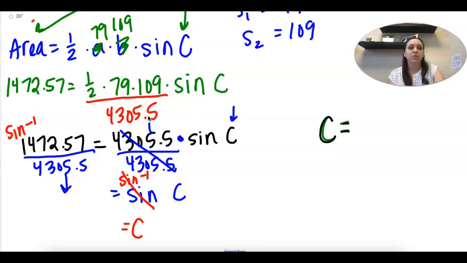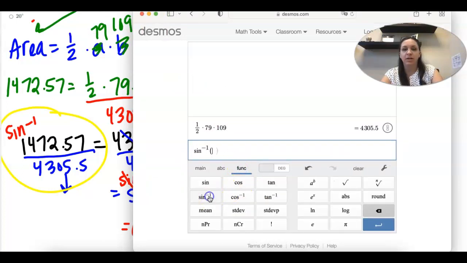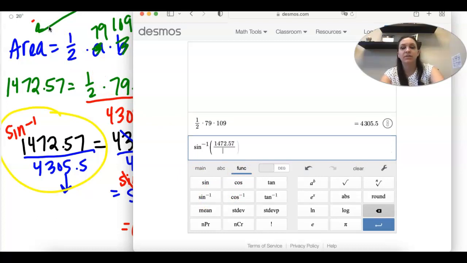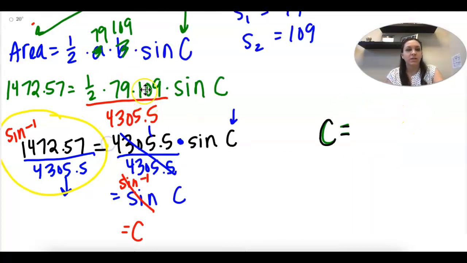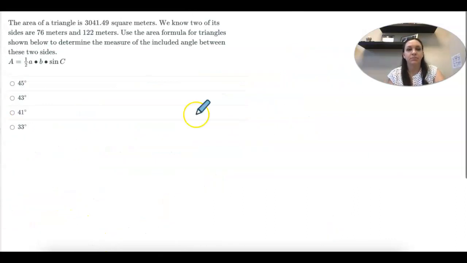Inverse sine, if you go to functions, inverse sine of 1472.57 divided by 4305.5. That comes out to 20 degrees. There we go. So this other one is the same one. You would set it up and solve the same way.